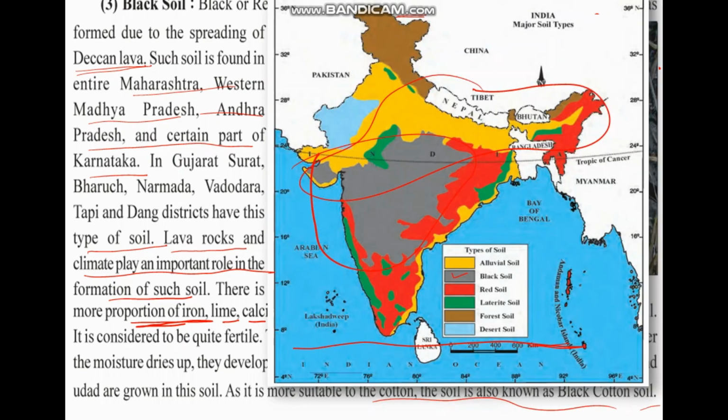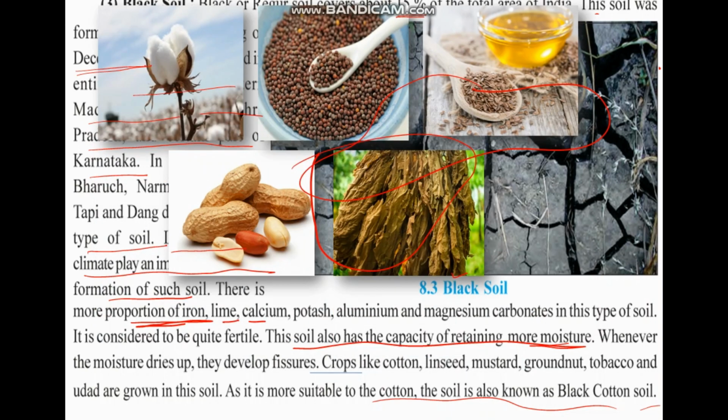So there are three names for it: regur, cotton soil, and self-ploughing soil.